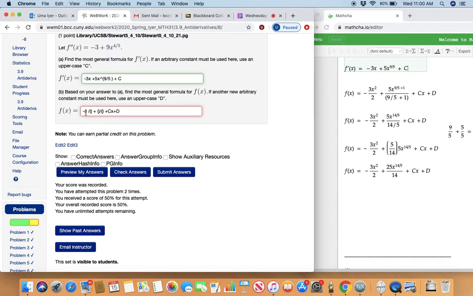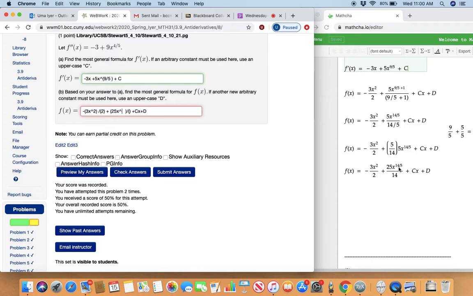The first one, numerator is 3x squared. Write it inside parentheses. 3x to the power 2 over 2. The second one, 25. Now that's a difficult one, so let me write it carefully. X to the power is a fraction.